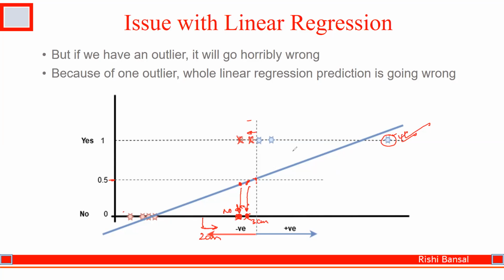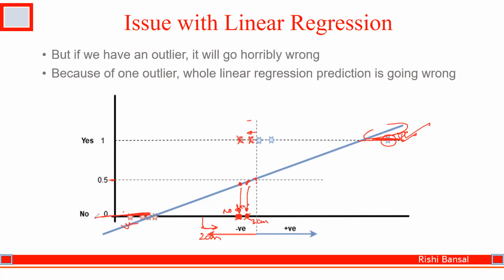Your linear regression prediction is going wrong. So we need to see, first of all, this line will again be like this. So one issue is this line cannot represent correctly.